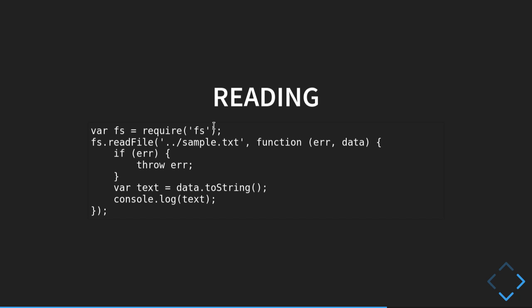And just as with any module, a module contains a lot of functions. And one of the functions that it has is read file. So at the beginning we specify fs, that we want the function that's inside of the module, and which function we want is after the point. In this case that's read file.